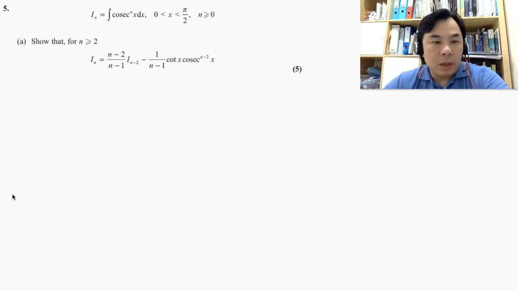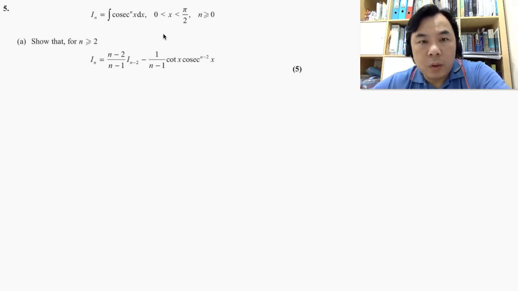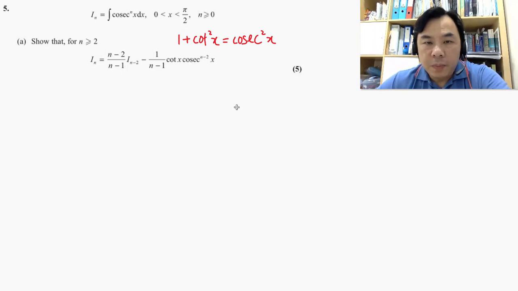One of the identities that I can think of at this point would be 1 plus cotangent square equals cosecant square. That's one of the identities that you might need to use in a while.